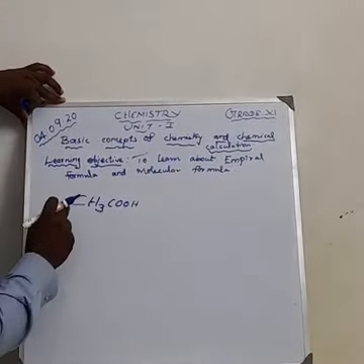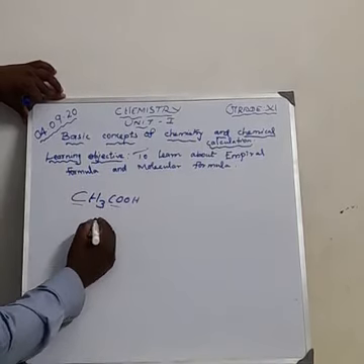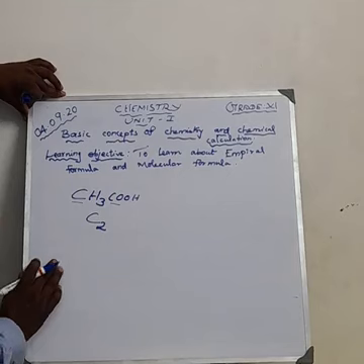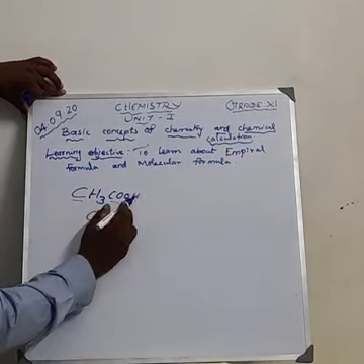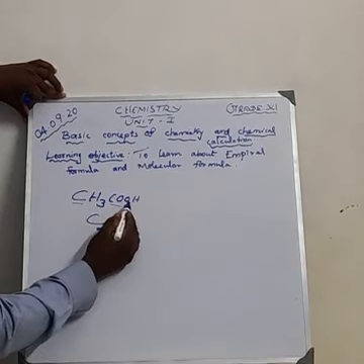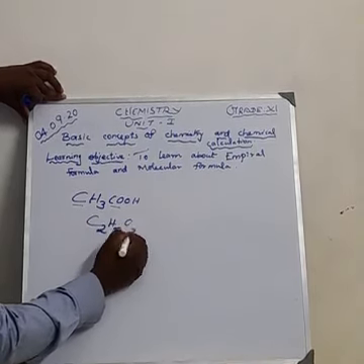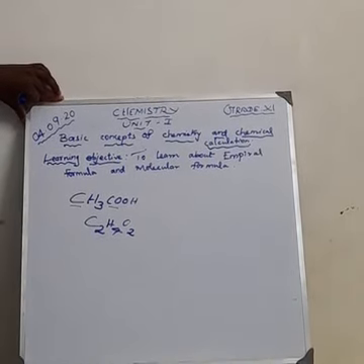Here, how much carbon is there? 1 carbon, 2 carbon, so we can write C2. How much hydrogen? 3, H3, and 1, so H4. And how much oxygen? 2 oxygen, O2. This is the molecular formula of acetic acid.